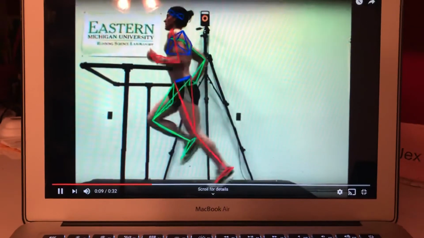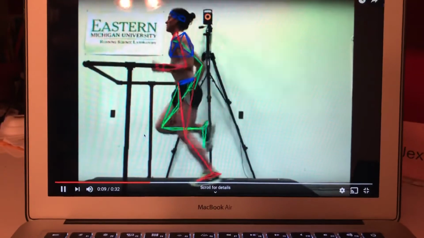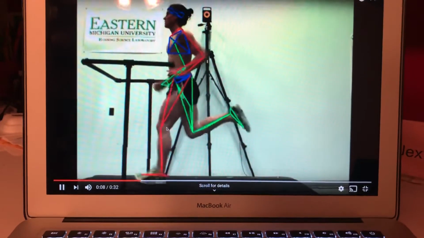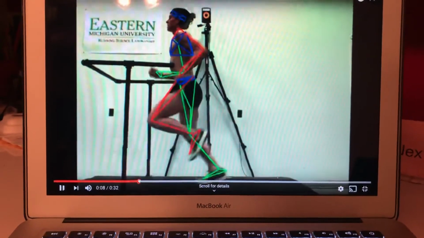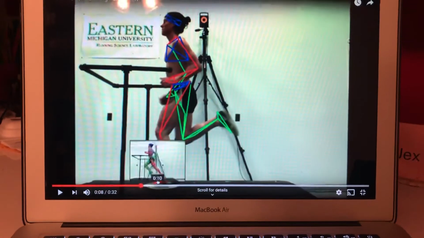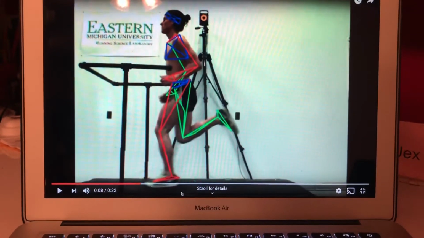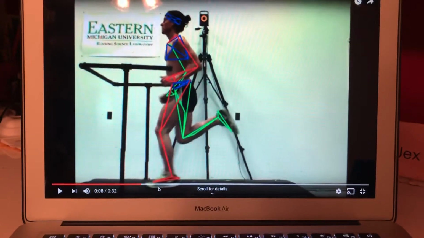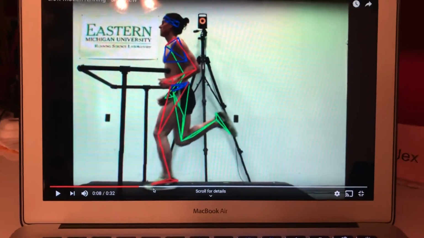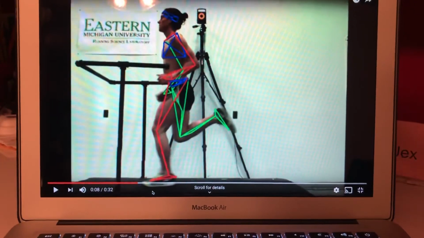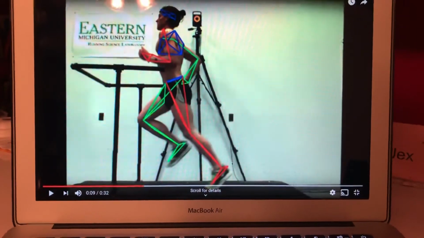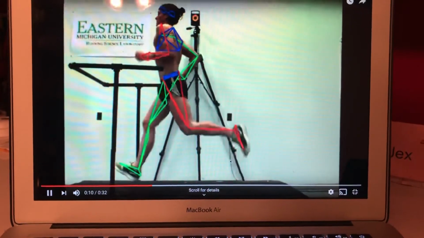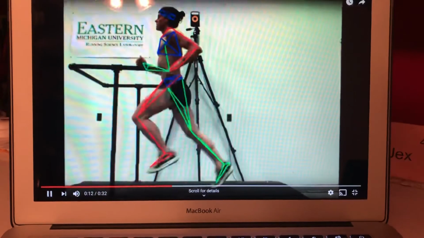I'll play it again: dorsiflexing, and then that knee really begins to flex, and then boom. So again, that ankle begins to dorsiflex during that loading phase, and then right before swing, it has that toe off, and that's when we see that plantar flexion. So right there, we see that rapid plantar flexion going into swing, and then we have that dorsiflexion to clear the toes.